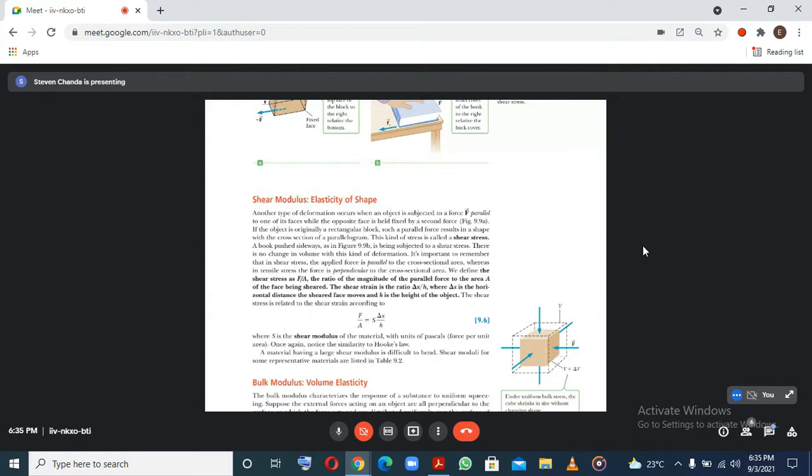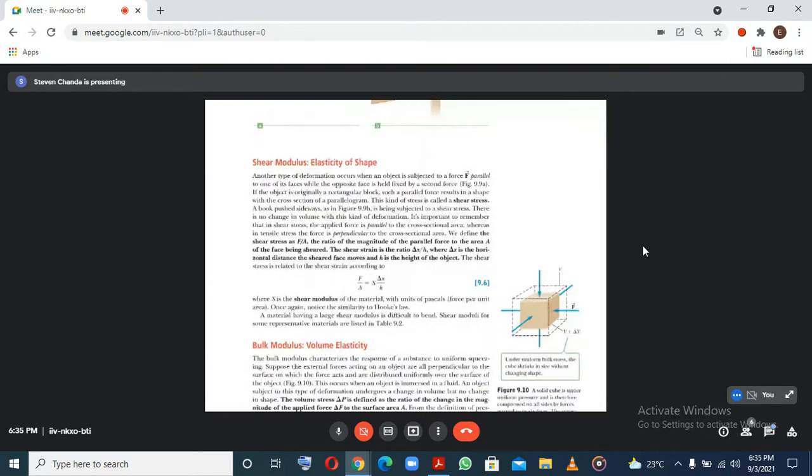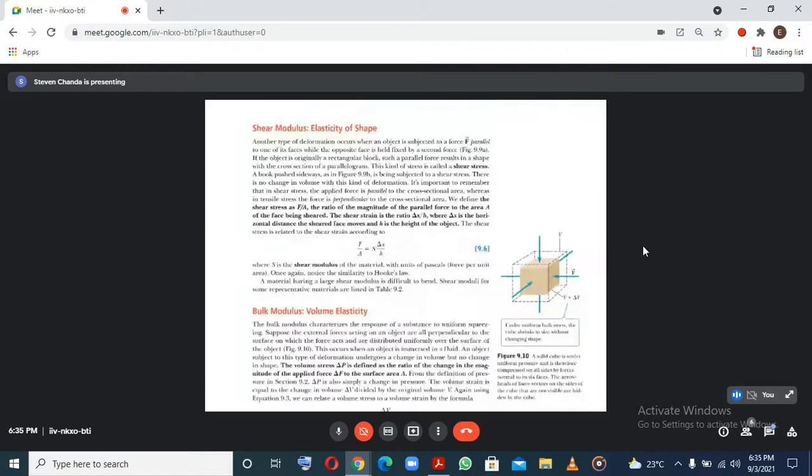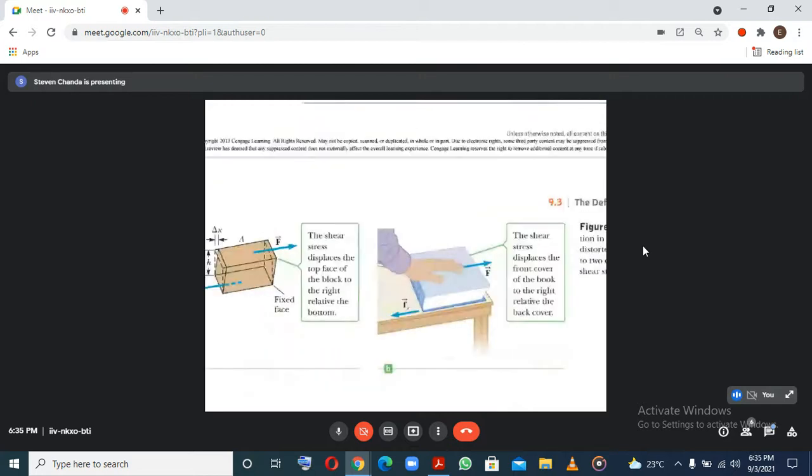Now, one thing that's important about this shear modulus is that the force is parallel to the what? To the surface. Okay, so the force is parallel.